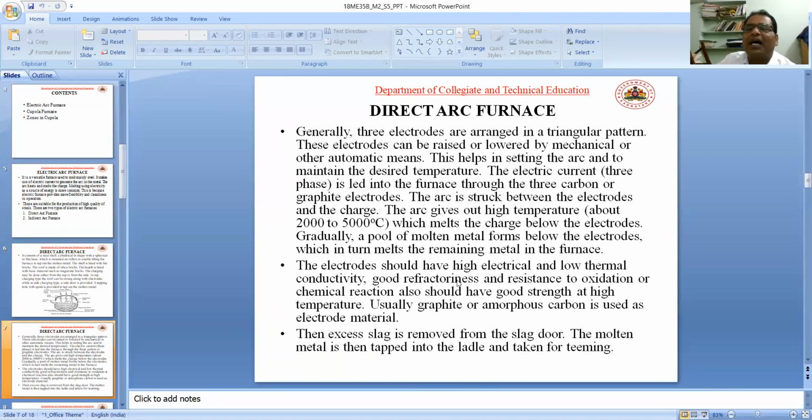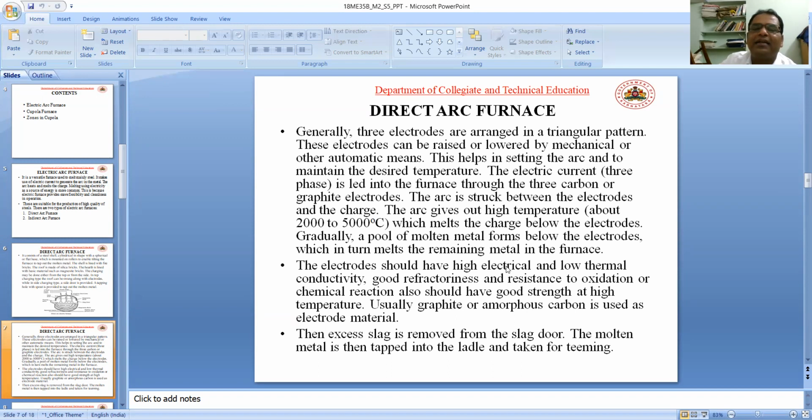Generally, three electrodes are arranged in a triangular pattern. These electrodes can be raised or lowered by mechanical or other automatic means, as I told earlier while describing the construction features. This helps in setting the arc and maintaining the desired temperature.